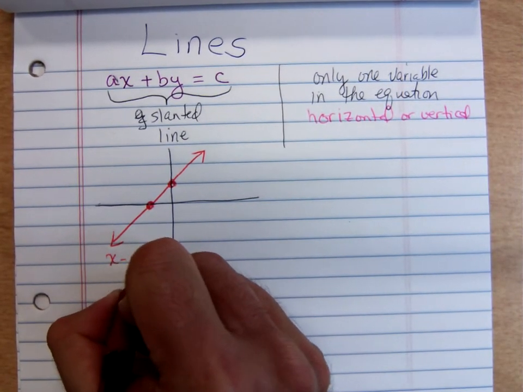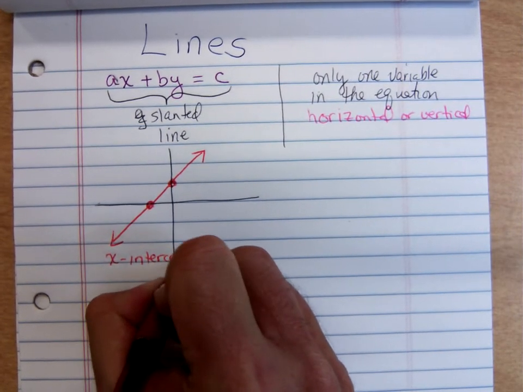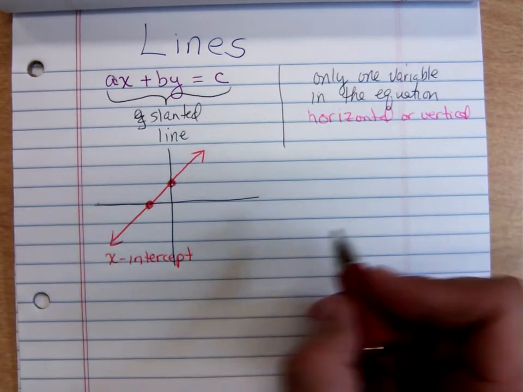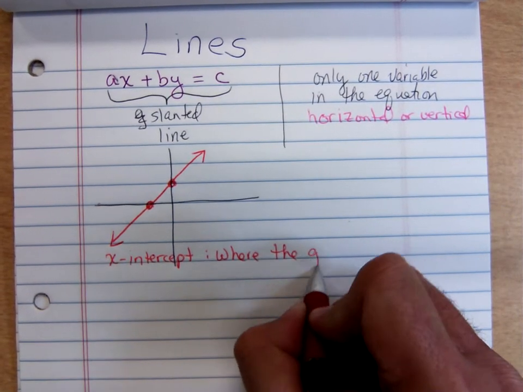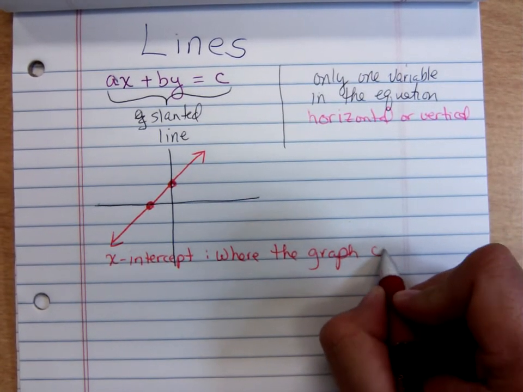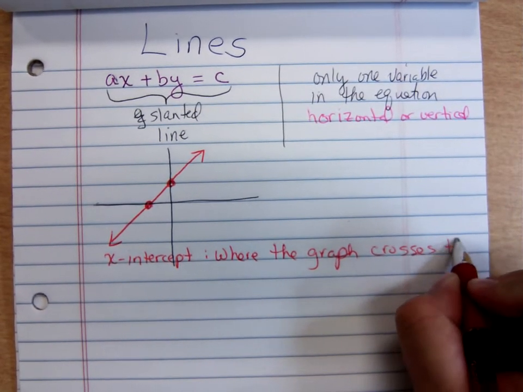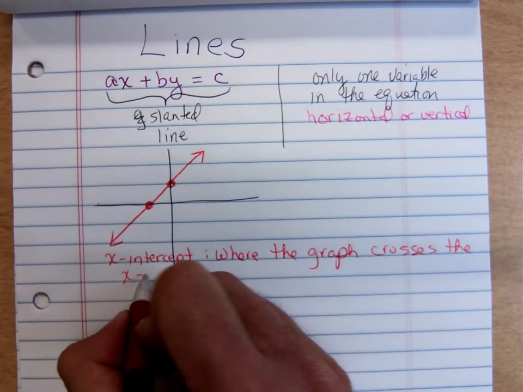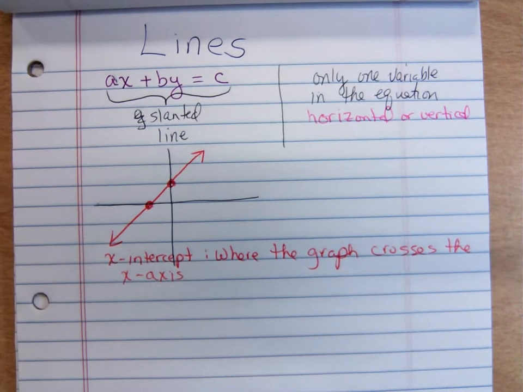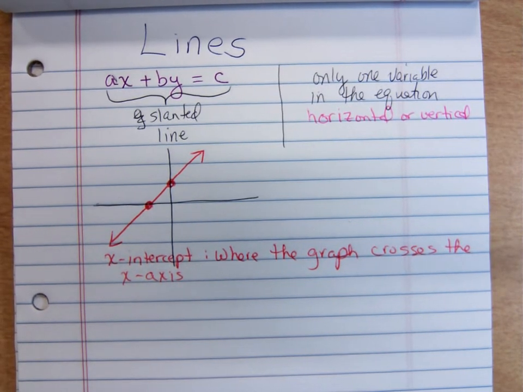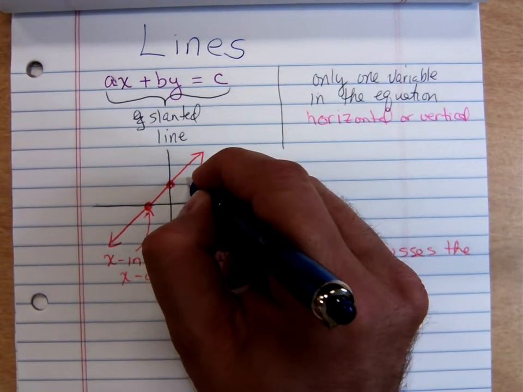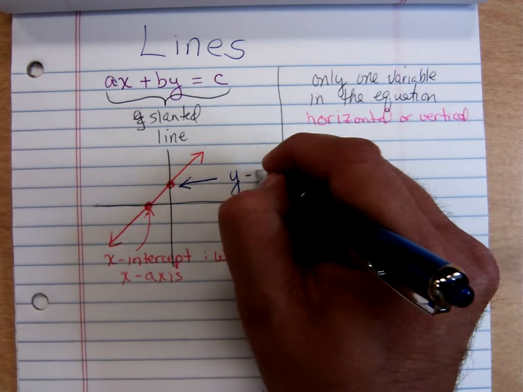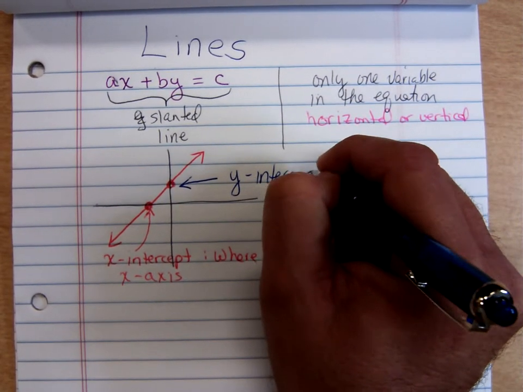The x-intercept is that point where the graph crosses the x-axis. And similarly, there's the x-intercept right there. The y-intercept is where the graph crosses the y-axis.